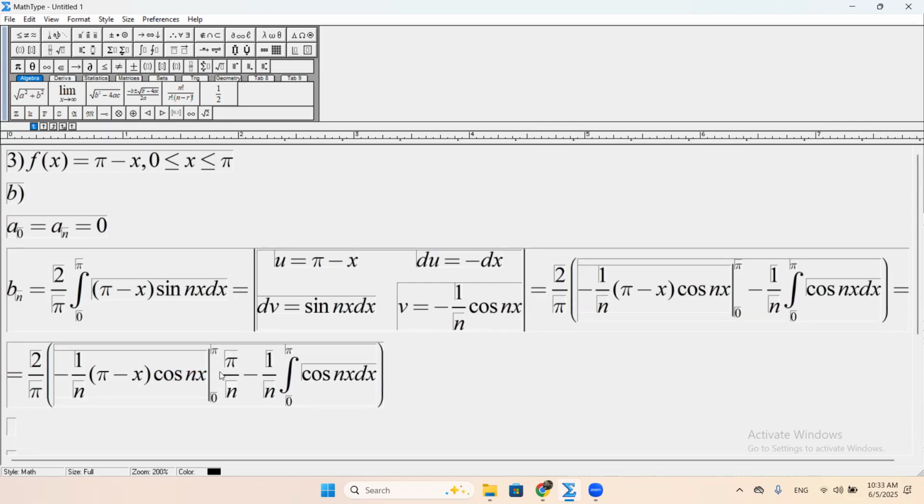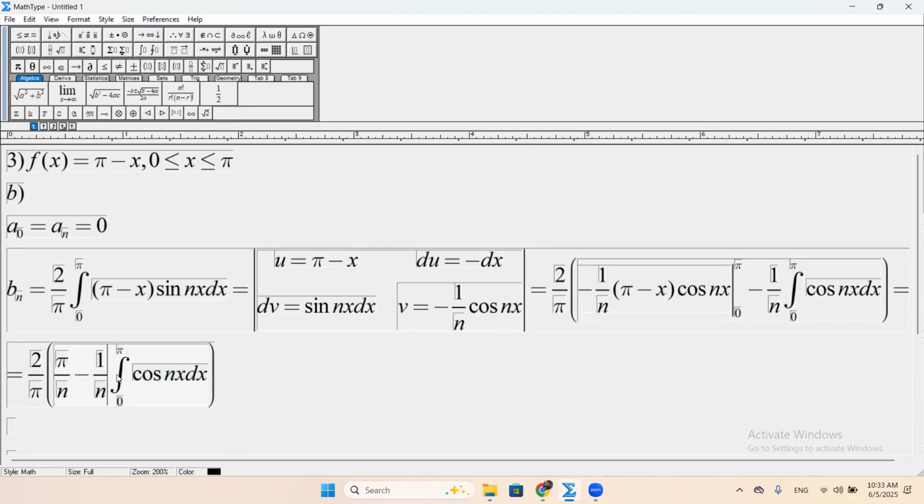So we received this part. And what about this integral? It will be equal to 1 over n squared sine of nx with the substitutions from 0 to p, which will obviously equal 0. So this will be equal to 0. So we will receive 2 over n.